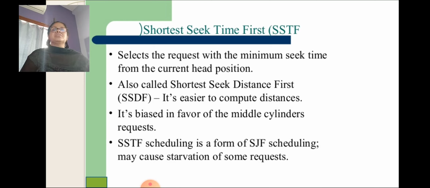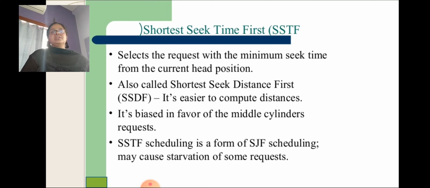It seems reasonable to service all requests close to the current head position before moving the head far away to service other requests. This assumption is the basis of the shortest seek time first algorithm, or SSTF algorithm. This algorithm selects the request with the least seek time from the current head position.